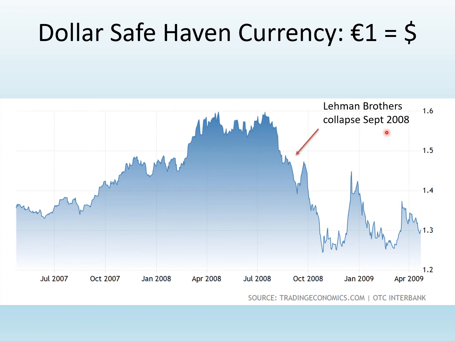You would expect that if the dollar was a currency like any other currency, there'd be a flight out of the dollar. Yet, as you can see with the Lehman Brothers collapse, what happens to the dollar relative to the euro is that the dollar becomes stronger because the euro is becoming weaker. So €1 bought you $1.50, then it bought you 1.4, then 1.3, and was pushing the 1.2 mark. So you can see how the dollar is becoming stronger because the euro is becoming weaker.